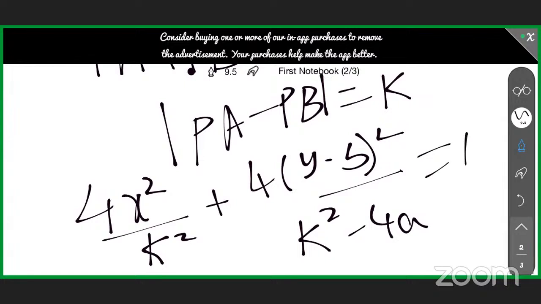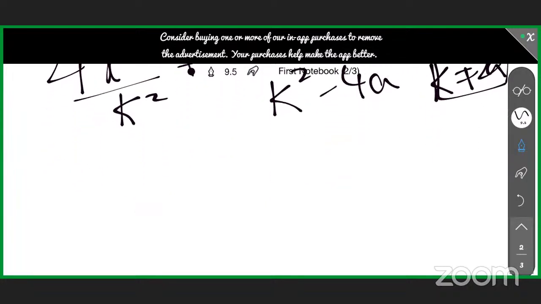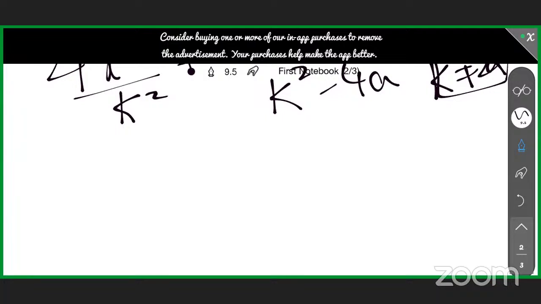We use this formula when k is not equal to 2a. First I have to find the k value. If k is not equal to 2a, then we use this equation. If k is equal to 2a, we use this equation, y is equal to b.